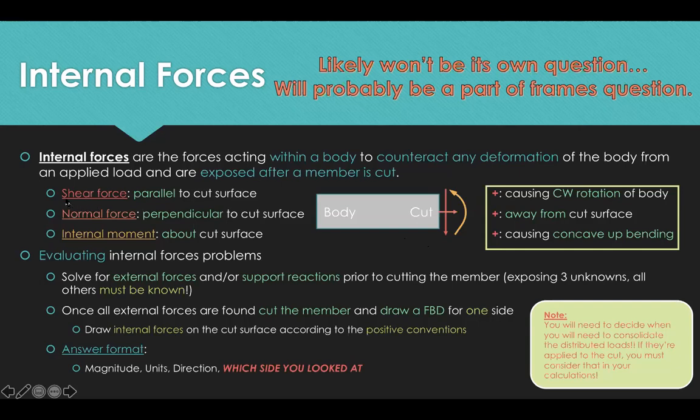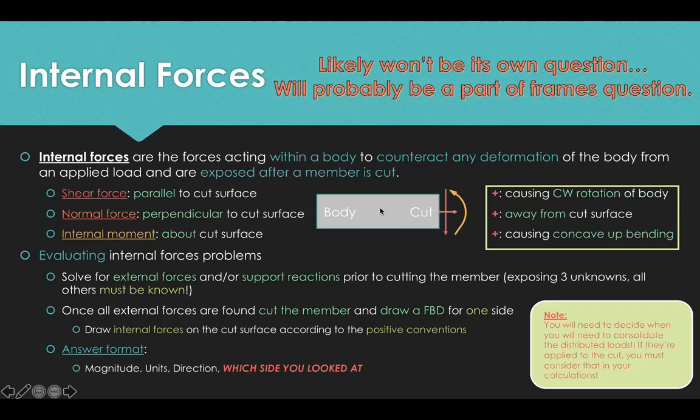So there's three forces that you expose. The shear force is the one that goes parallel to the surface. The normal force is the one that's normal to the surface. And the internal moment is a moment that rotates about the exposed surface, right? So technically, when we learned it, there are positive conventions, just so you remember that the forces should be equal and opposite.